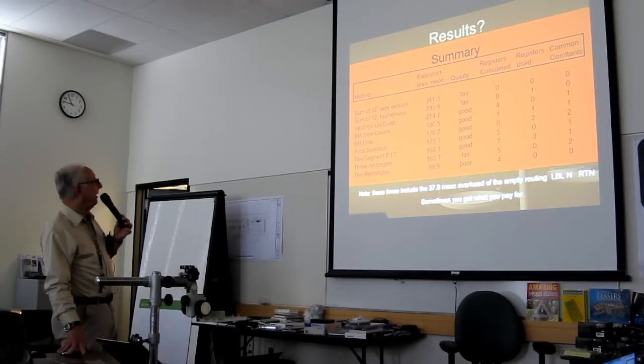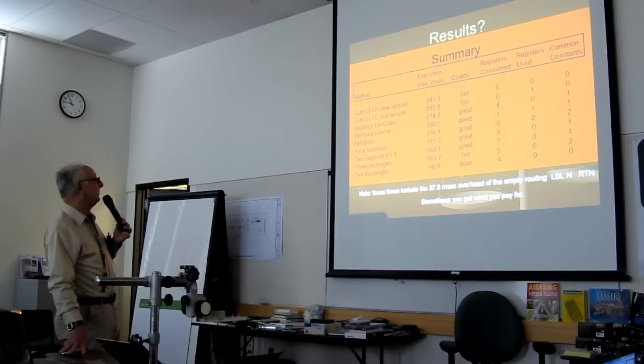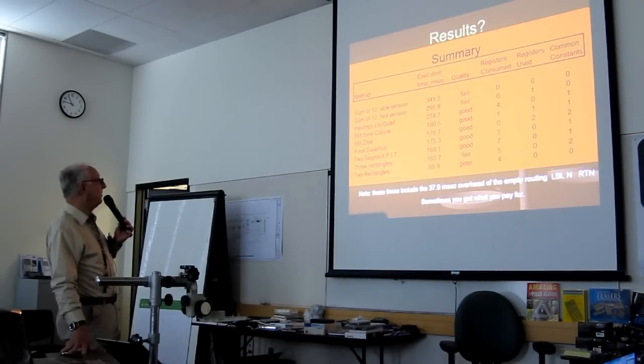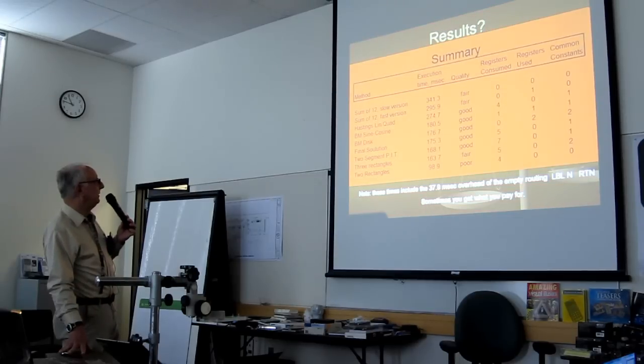Now the Hastings linear over quadratic approximation, look at that baby, 274 milliseconds, wow. That's slow. It's good, but it's slow. Box-Muller, which is the best I had until I started this project, that's okay too.